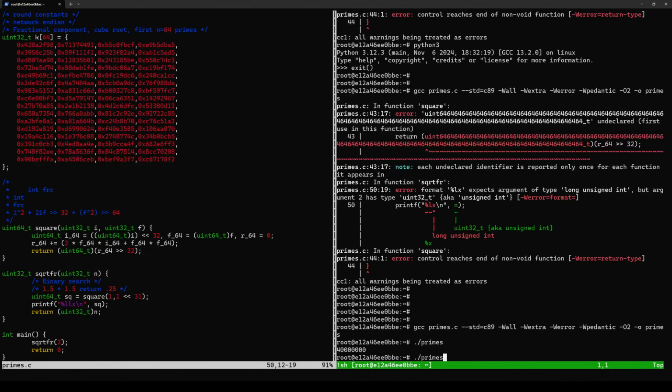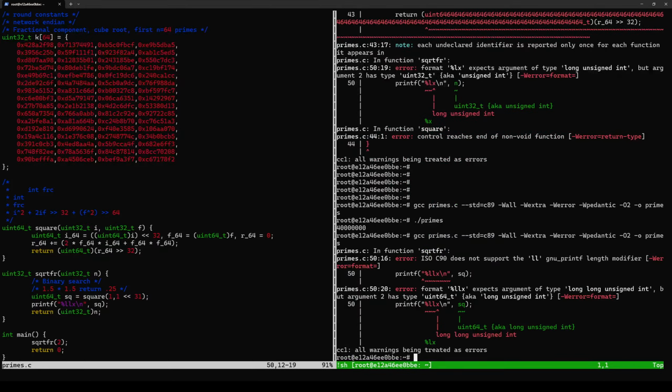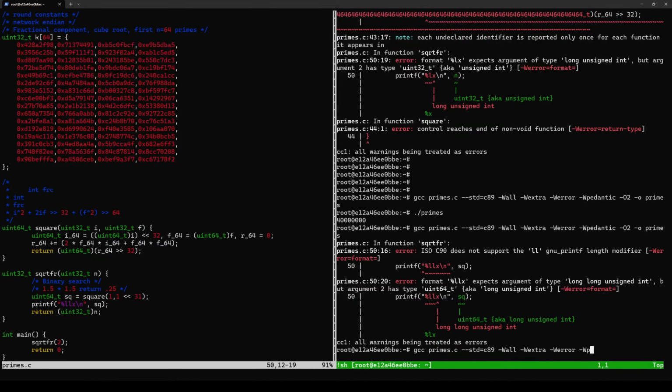So I think I'm not totally sure that I'm printing all 64 bits. ISO. Oh, C99. We're going to turn off C99 or C89, and that'll maybe help us a little bit.